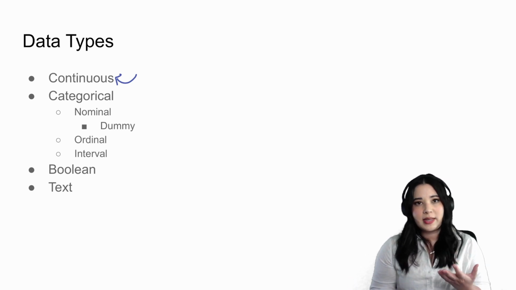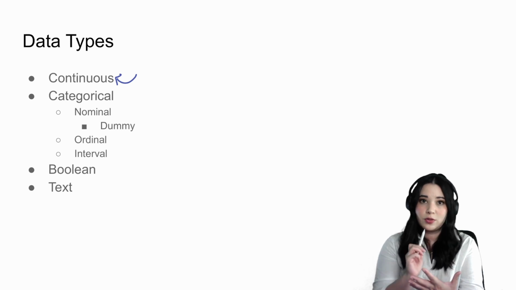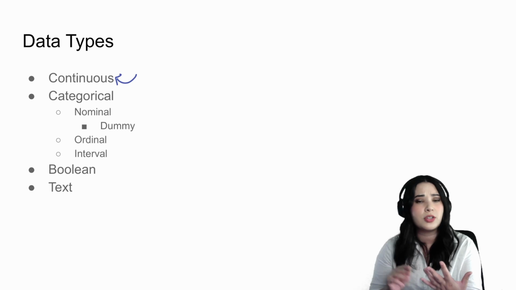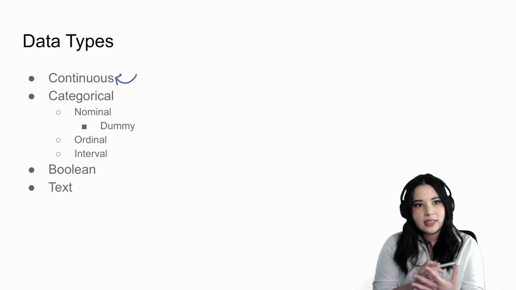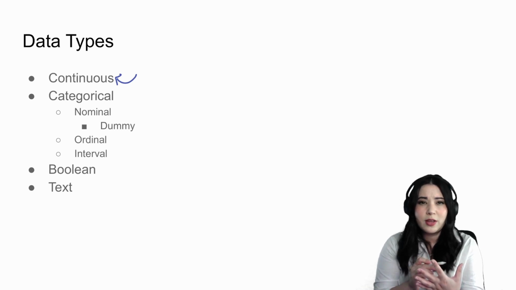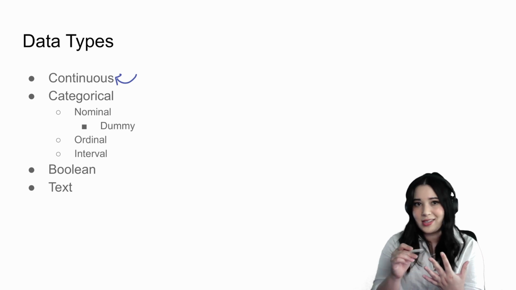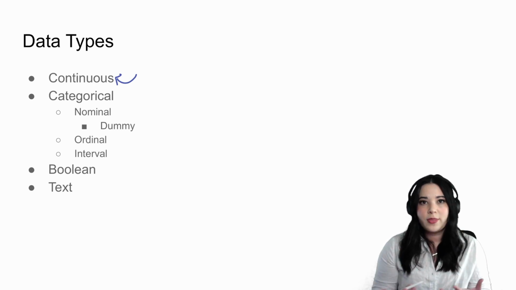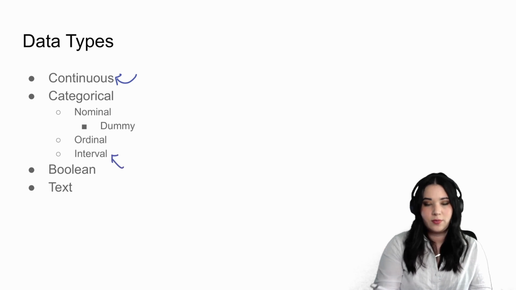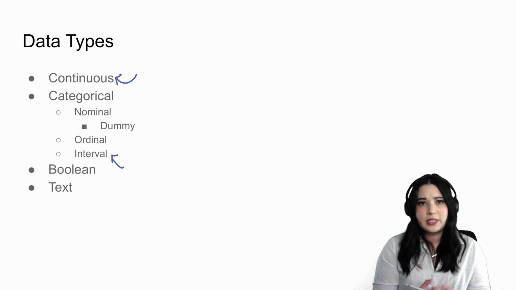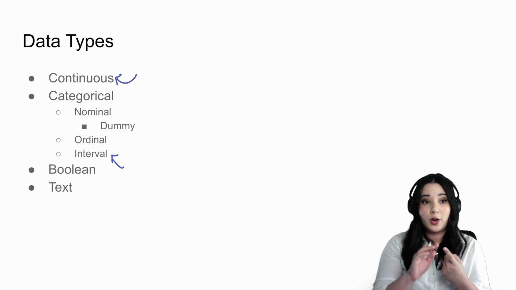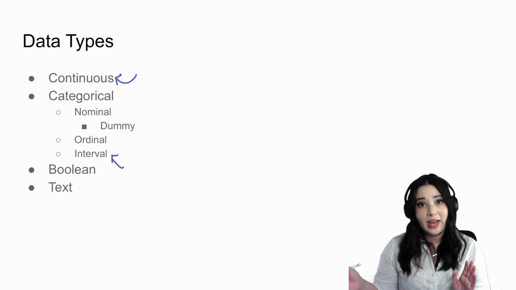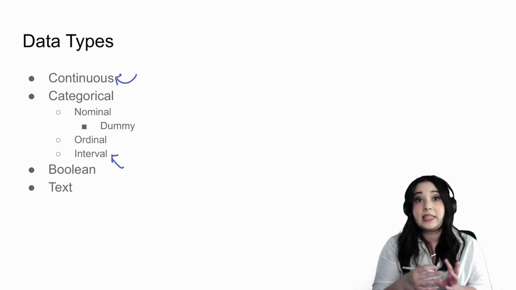For instance, in the example I gave, when you go from high school degree to AA or AA to bachelor's or master's to PhD, it's not necessarily that the change between each successive category is equal. If it were, then we would have an interval data type. Interval data is when you have an order and the difference between each of your categories successively is the same.